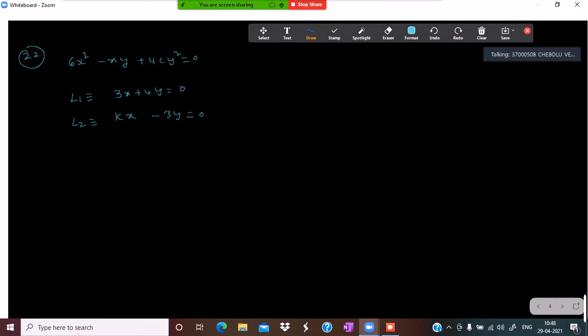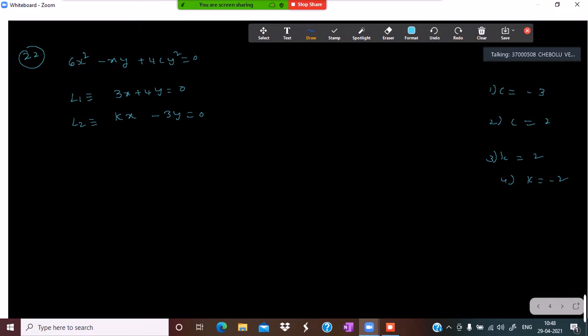So the multi-correct options are: first option c is equal to minus 3, second option c is equal to 2, third option k is equal to 2, and fourth option k is equal to minus 2.